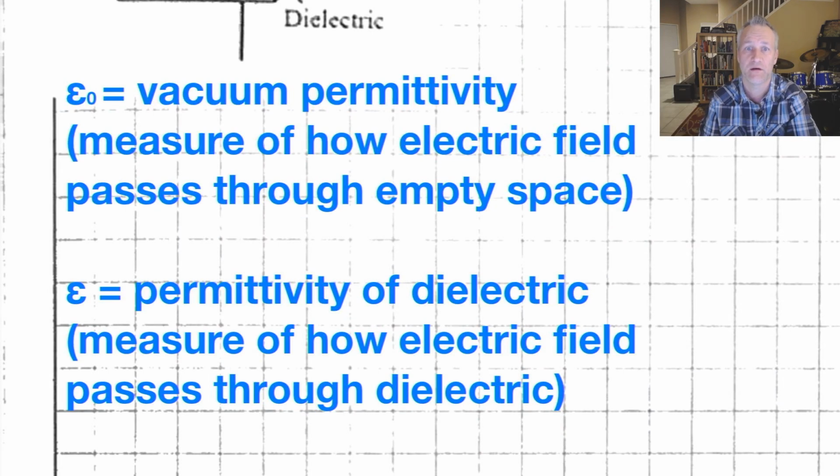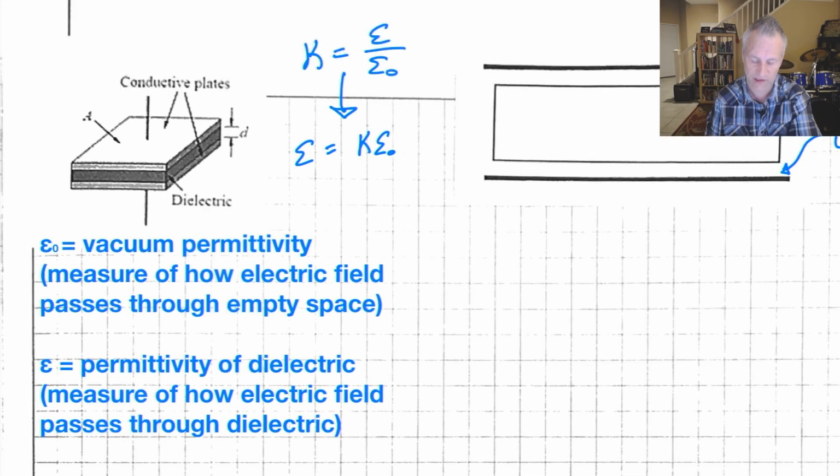Epsilon naught is the vacuum permittivity, which is a measure of how electric fields pass through empty space. Epsilon is the permittivity of the dielectric, which is a measure of how the electric field passes through the dielectric. And we looked at this relationship saying epsilon equals kappa epsilon naught. Basically, as kappa gets larger, it increases the polarization effect within a dielectric. They become more and more easily polarized.